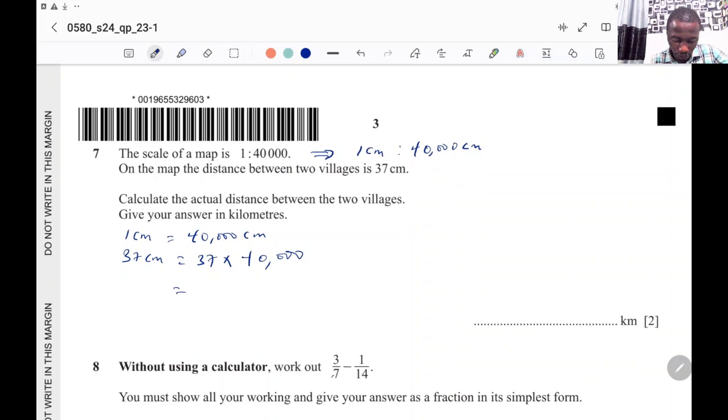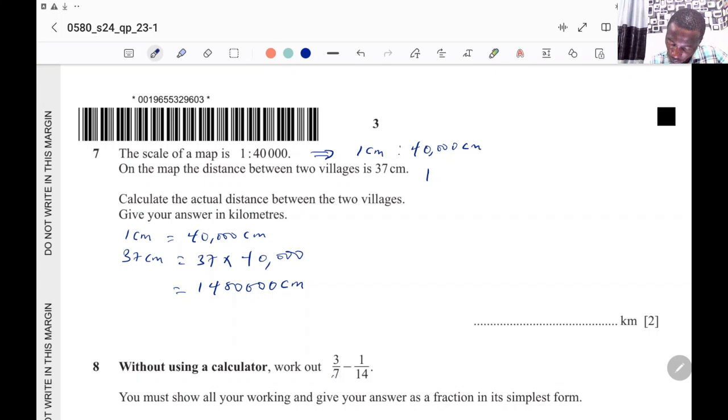37 times 40,000 gives us 1,480,000 centimeter. The question is to calculate the actual distance between the two villages, giving your answer in kilometer, so we have to convert this to kilometer.